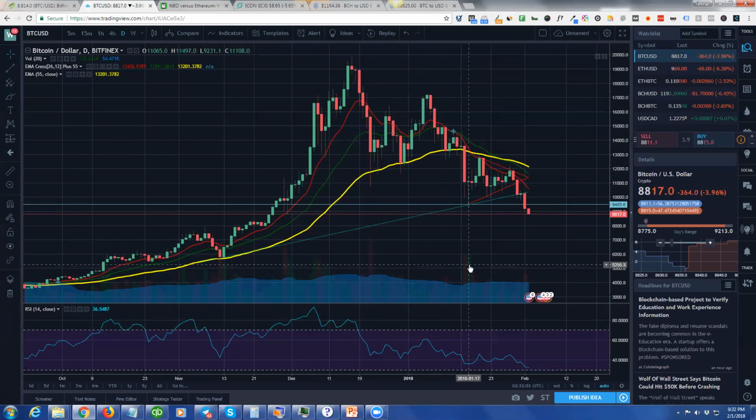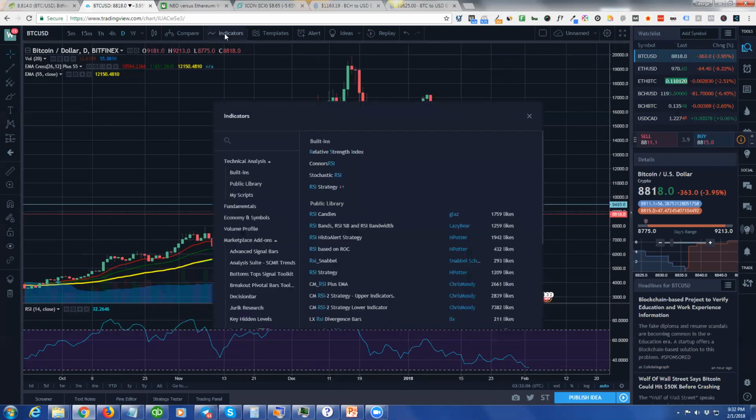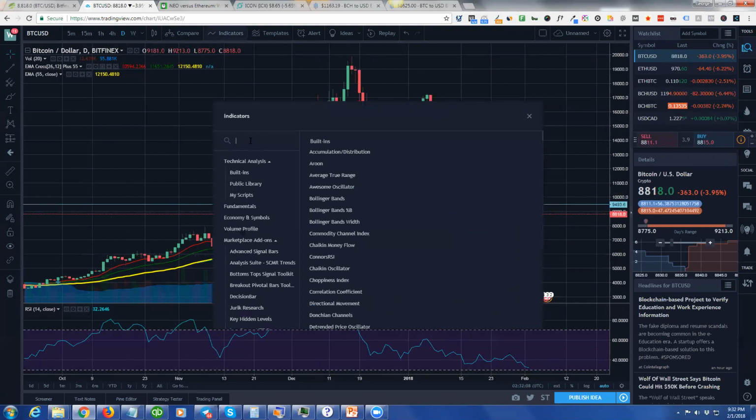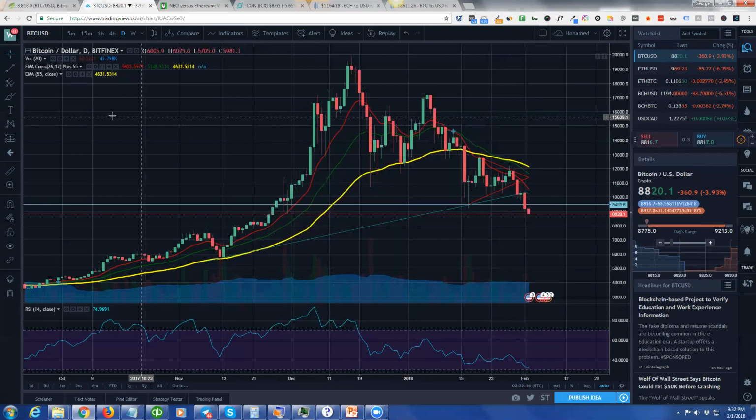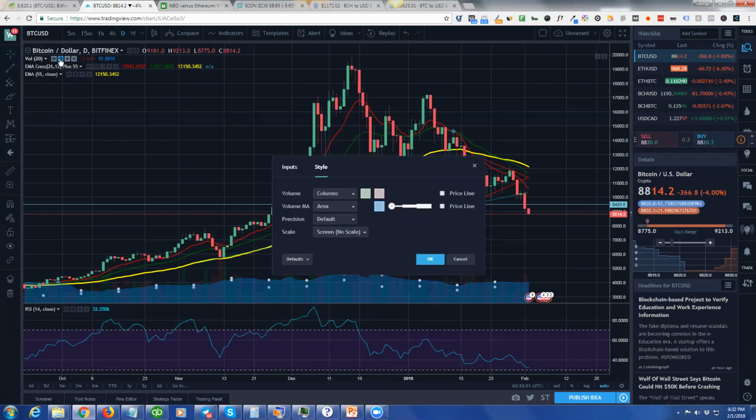So by default, volume should be on your charts. If it's not, you just go into your indicators, search, and type in volume. So make sure you have volume on your chart, okay? I use the default 20, and if you want to change the colors or anything, just go into format. I change the volume to columns because I want to see it as columns, and I plot the moving average on here as well.